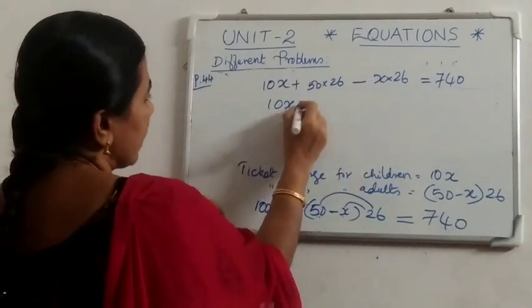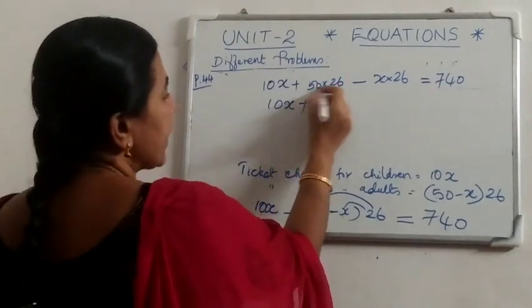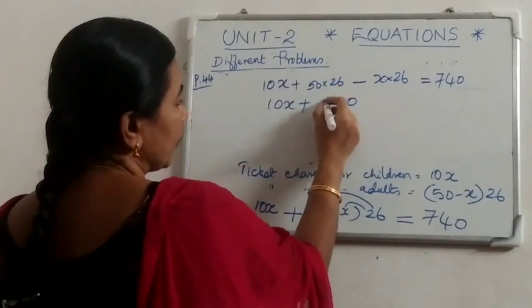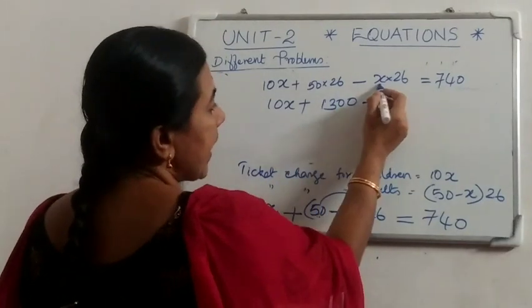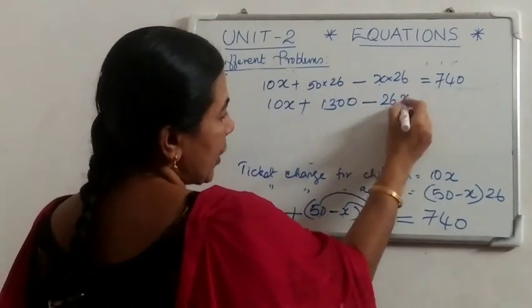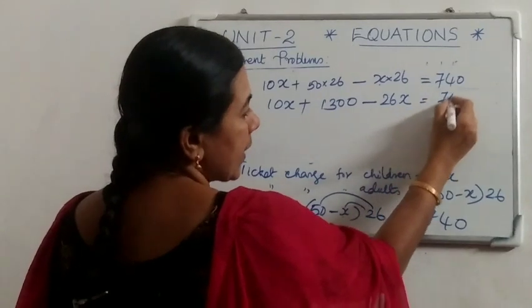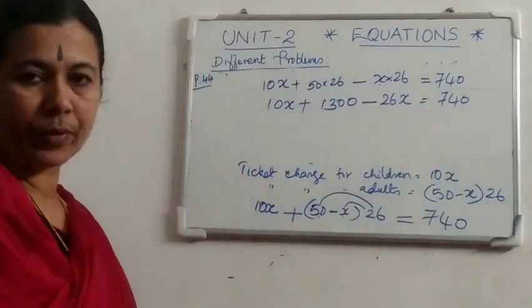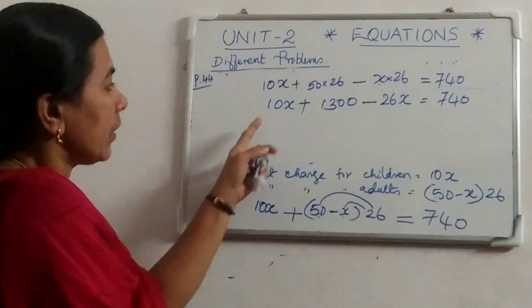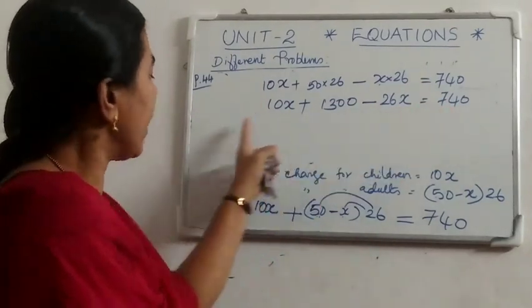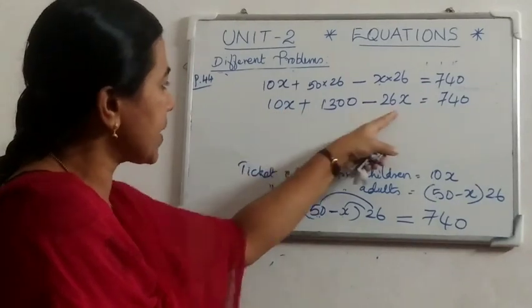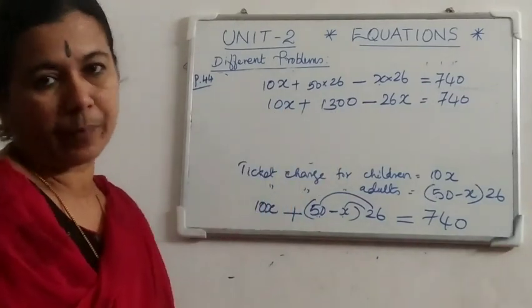That is 10x plus how much is that? 26 into 50 is 1300, minus x into 26 is 26x, equal to 740. Got it? Okay. Now on the right side there is only a number, and on the left side variables and a number are there.